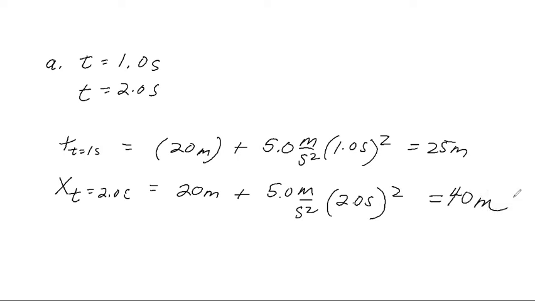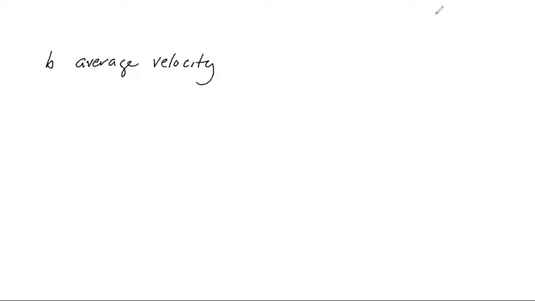So the displacement during the time interval is delta x equals 40 meters minus 25 meters, which is equal to 15 meters. For the average velocity, v average is going to equal delta x divided by delta t.